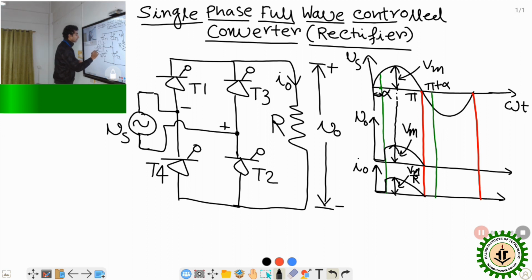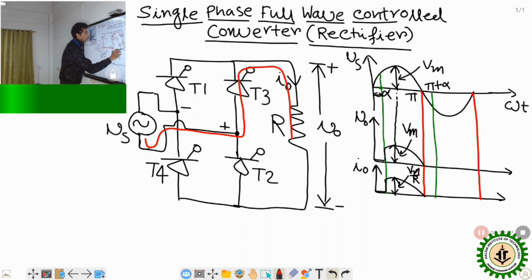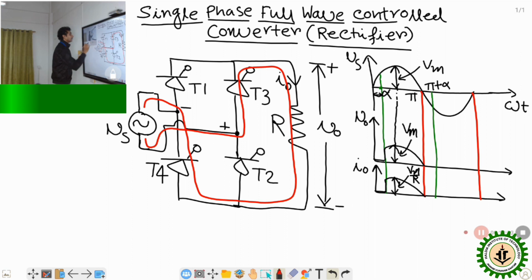Again, from positive supply, T3, then load, then T4 and back to negative. In this way, the current will flow.